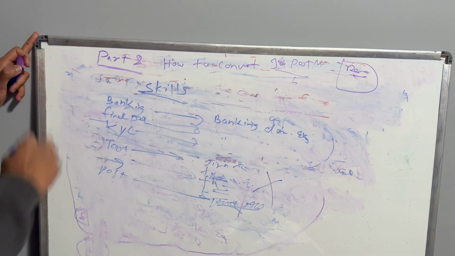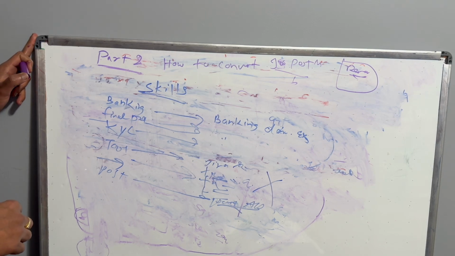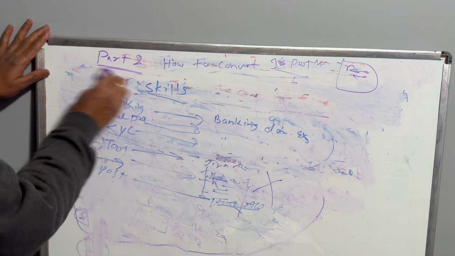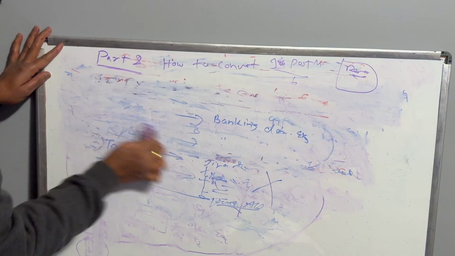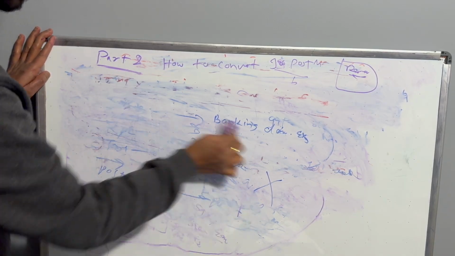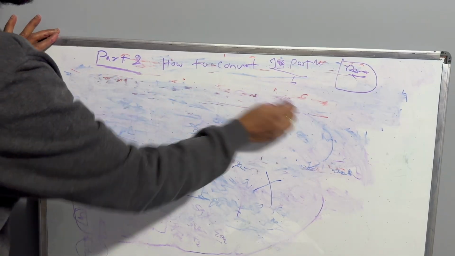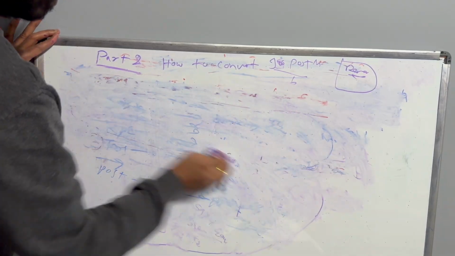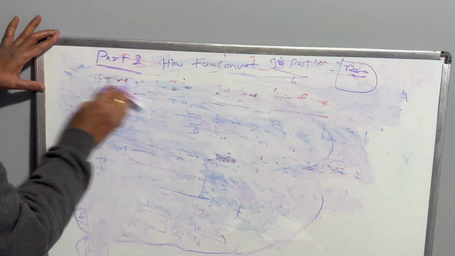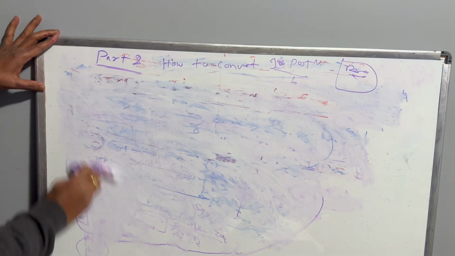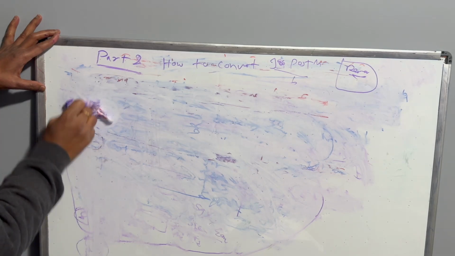Left side to right side, right? So you don't need to wonder why you are not getting the call, right? Because you didn't include whatever the recruiters, the company is looking for. Okay, so your resume is not shortlisted. So now we understood part 2, right? How to mirror the resume.